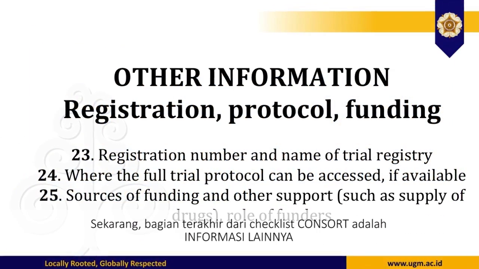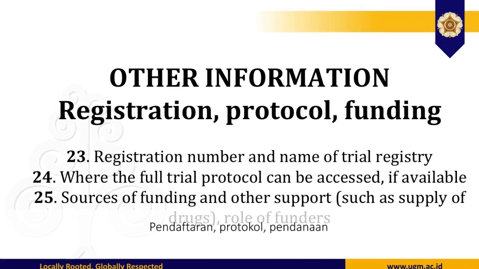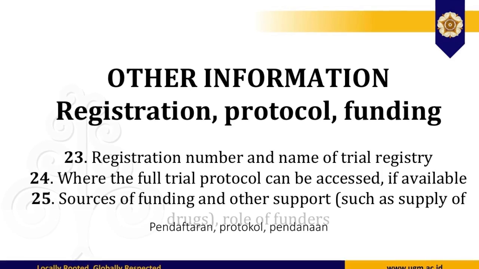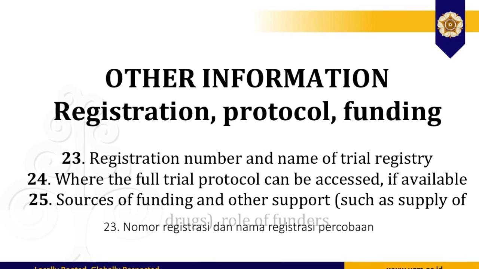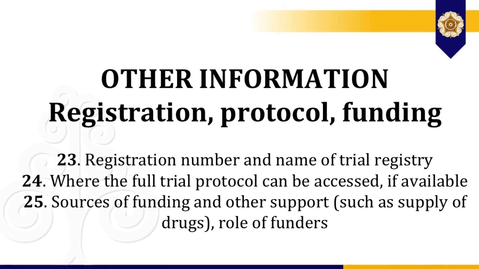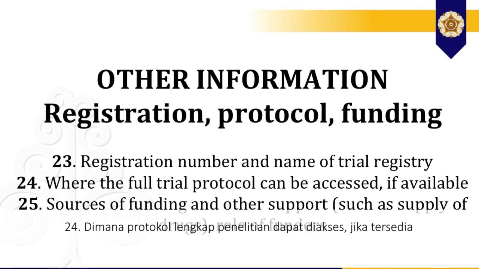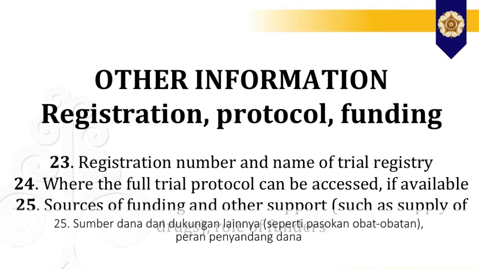Now, the last part of the CONSORT checklist is other information: registration, protocol, and funding. 23. Registration number and name of trial registry. 24. Where the full trial protocol can be accessed if available. 25.